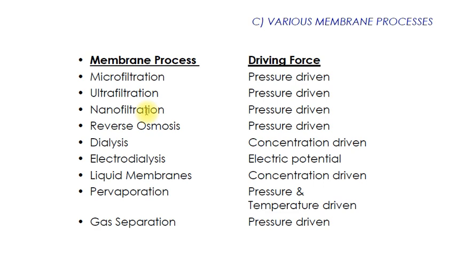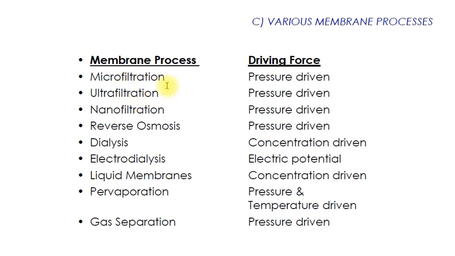In ultrafiltration, the pore size is larger than in nanofiltration, so it is used to separate bacteria and viruses, as well as different types of proteins in the biotechnology or food processing industry. You can use it for the concentration of proteins or biological materials.